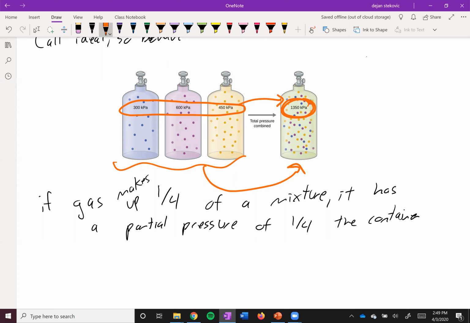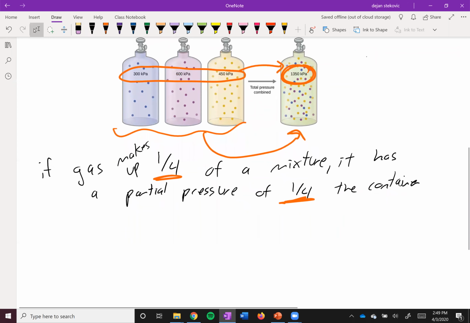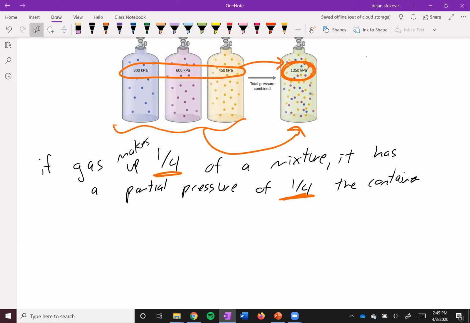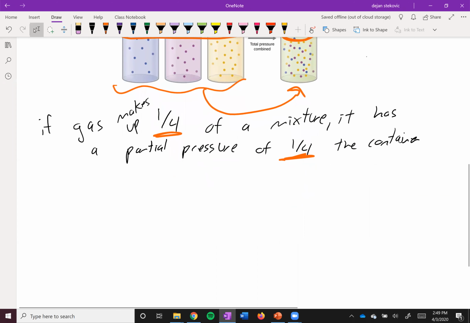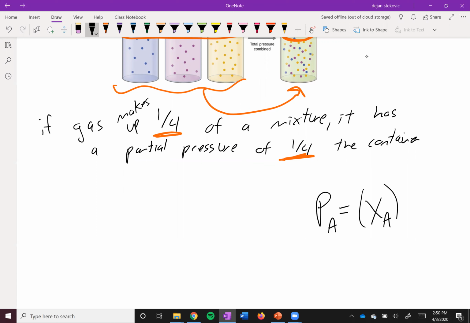You can see these numbers are essentially the same. If it makes up 1/10, then it has 1/10 of the total pressure. If it makes up half of the gas, then it has half of the pressure. And so basically a fancy way of saying that is that the partial pressure of a gas A is equal to XA times the total pressure.